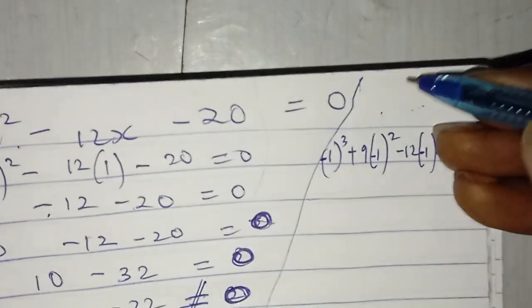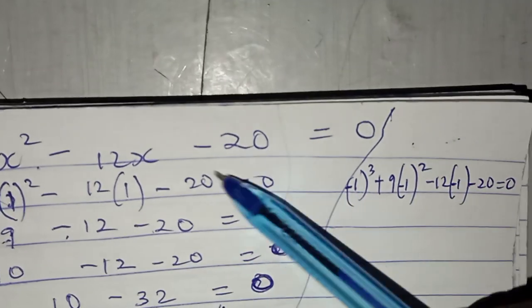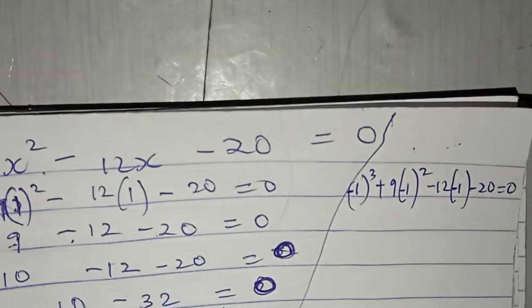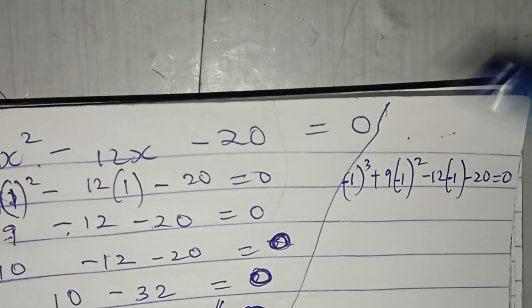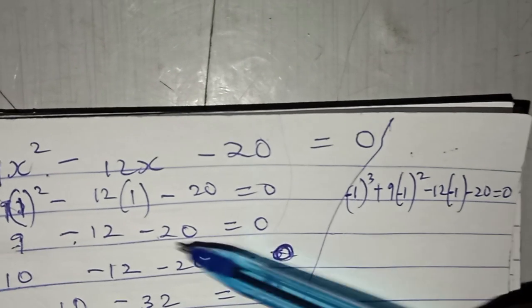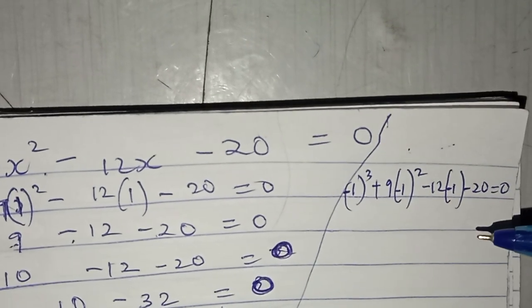I said try out values. Counting number starts from 1 to infinity. We need to get x here to be 1, and it did not work. It did not equal to 0. We need to get left hand and right hand side to be equal to 0. So since 1 did not work, we try minus 1. If it doesn't work, we go to 2. Try 2, try minus 2. If it doesn't work, we go to 3.